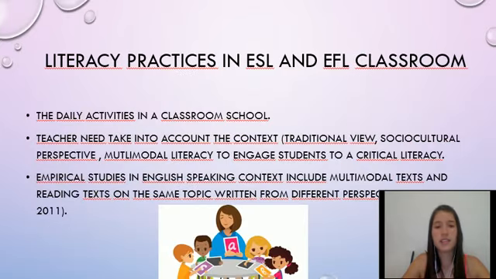The literacy practices in English as a second language and English as a foreign language classroom are the daily activities in a school classroom.